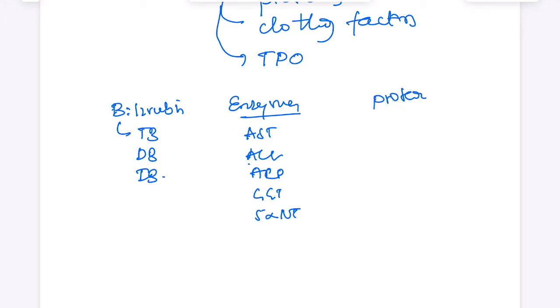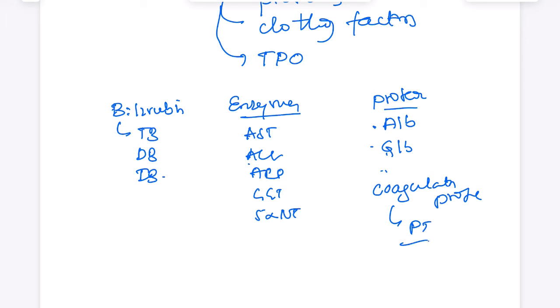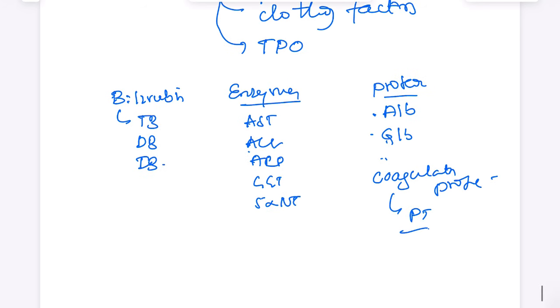About proteins, we have albumin and globulin. And for synthetic function, another one is the coagulation profile, mainly PT, prothrombin time. So these are the parameters present in the LFT. Coagulation is the extra test. Let's discuss each parameter individually.